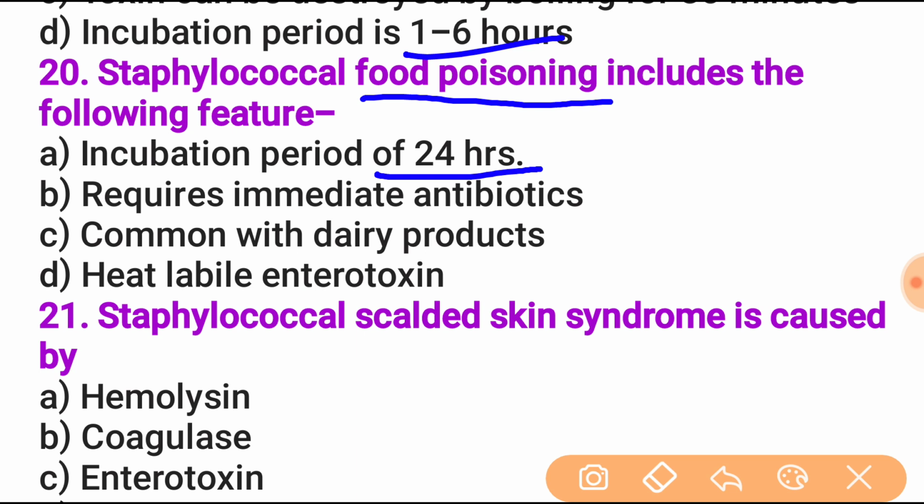Here the treatment is symptomatic only, no antibiotic required. Staphylococcus food poisoning is a self-limiting illness, which generally resolves within 10 hours.